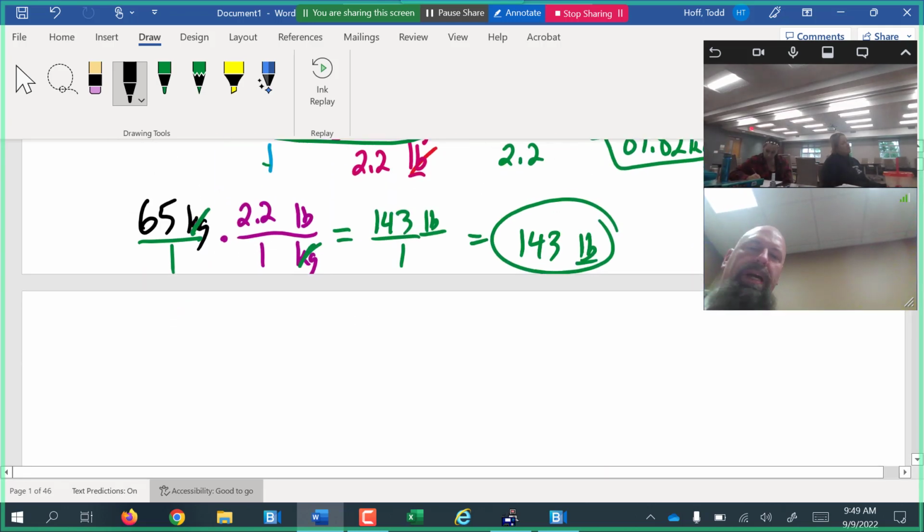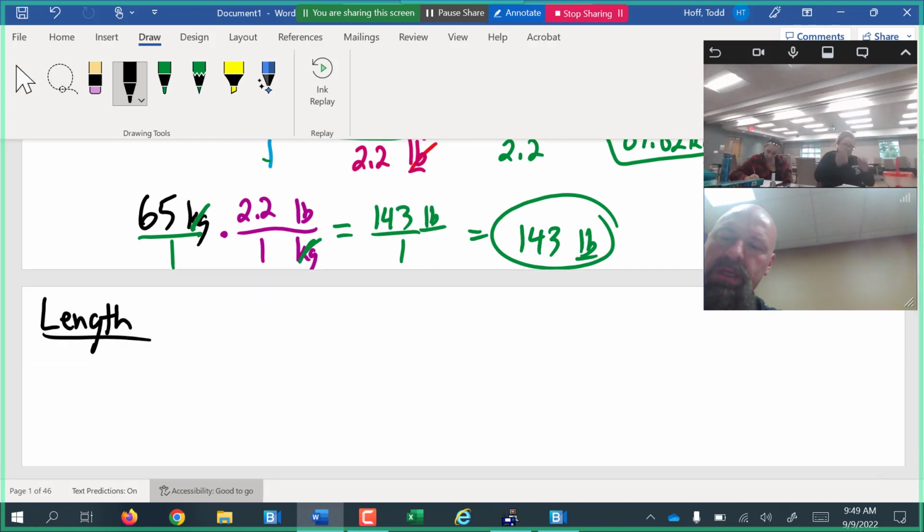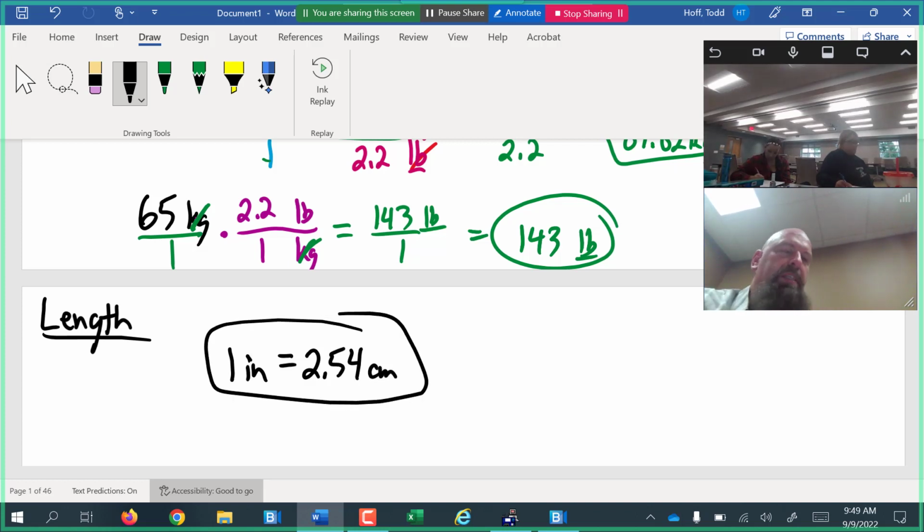We might look at converting length. So for length, the standard unit we typically use is an inch. The metric unit that is typically used is either a meter or a centimeter. Well, an inch is equal to 2.54 centimeters. That is actually a very exact conversion.